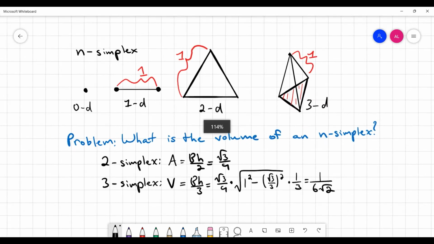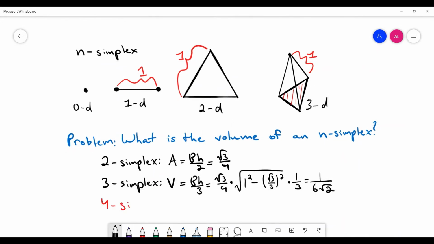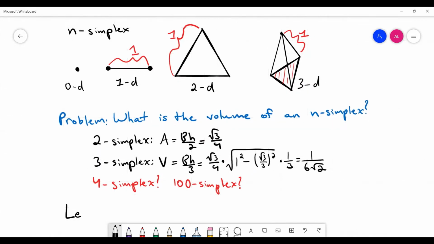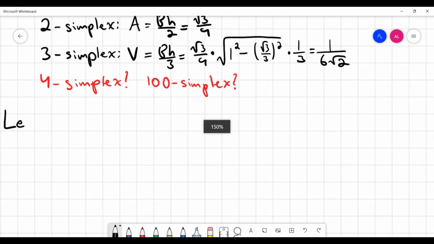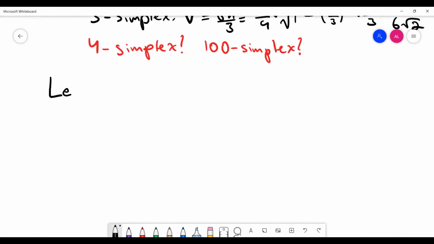But what the question is asking fundamentally is how we can extend it to a 4-simplex or a 100-simplex. This is a very interesting question because in the end, we will be able to find a very tangible mathematical result for something that we really can't visualize yet. It's interesting how this would turn out.